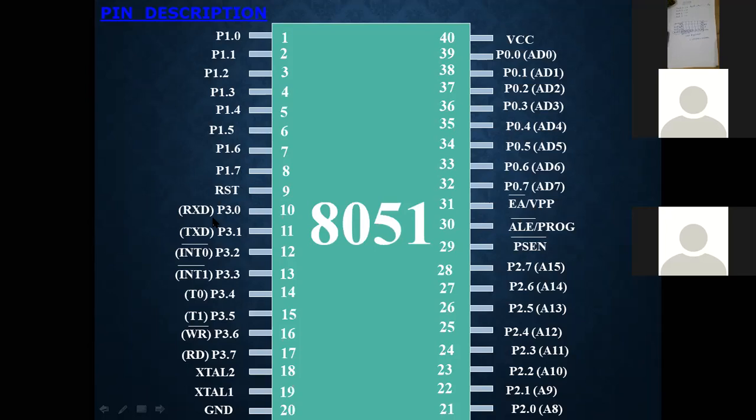But in case of port 2, as we have discussed, these 8 pins are used for the higher order address bus. Just see that AD0 to AD7, that means the lower order address and the data are multiplexed. But in case of higher order address, there is no data multiplexed because 8051 is an 8-bit microcontroller. So the data bus must be 8-bit wide.